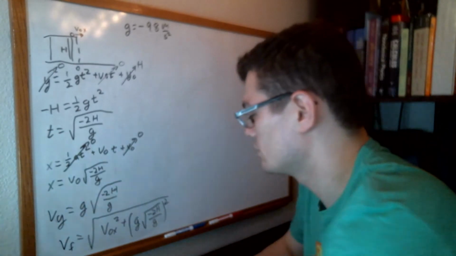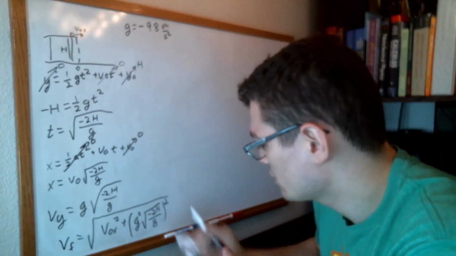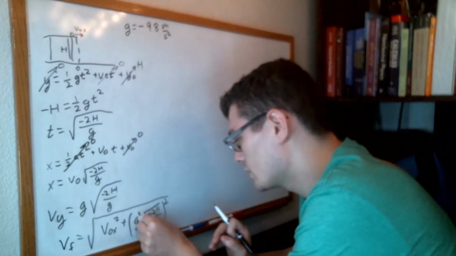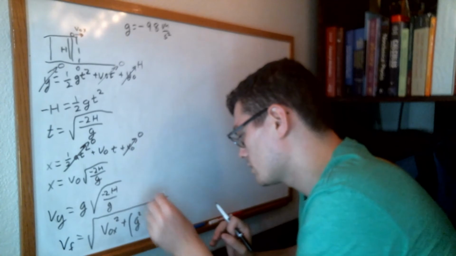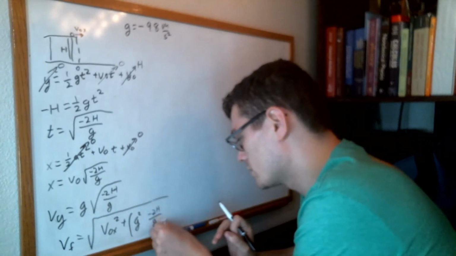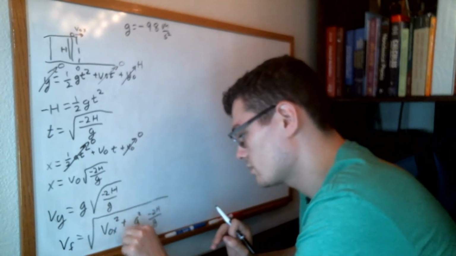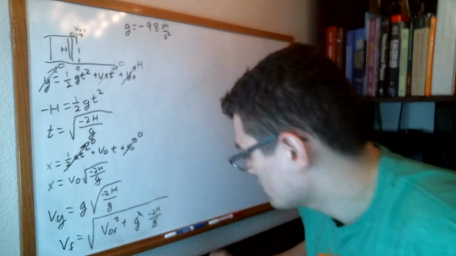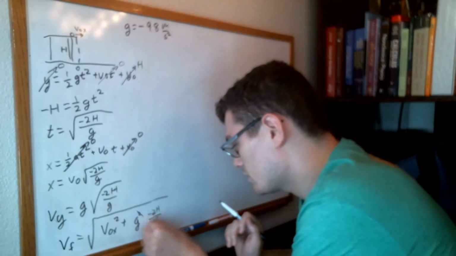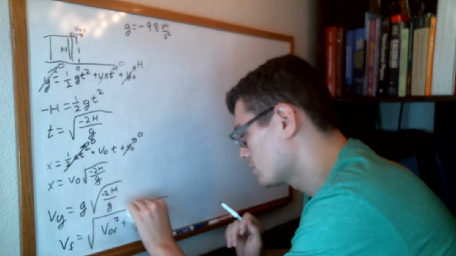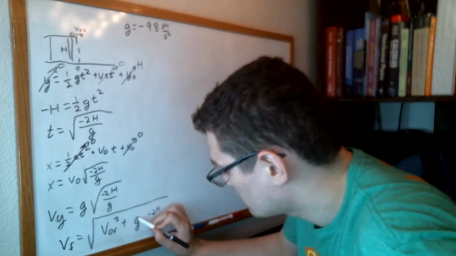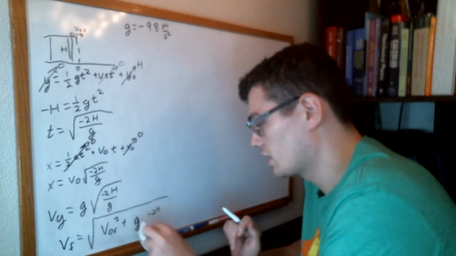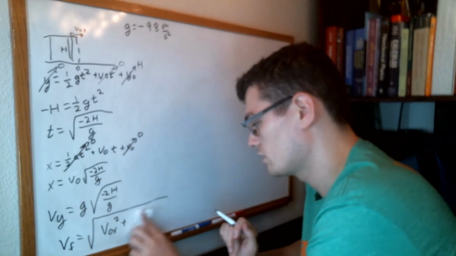So all we need to do here is we can say that this is now a g squared, and we can get rid of this square root here, as well as these parentheses, honestly. And so now one of these g's cancels, so we can get rid of that on the bottom. And so now we get negative 2hg.